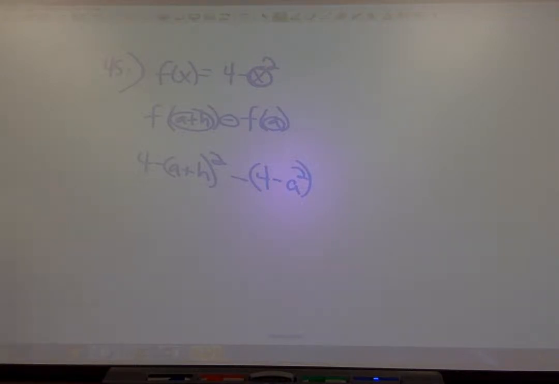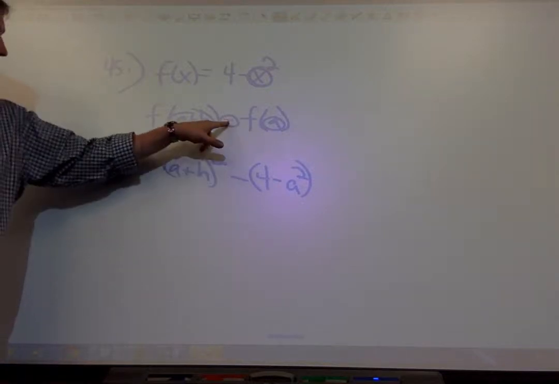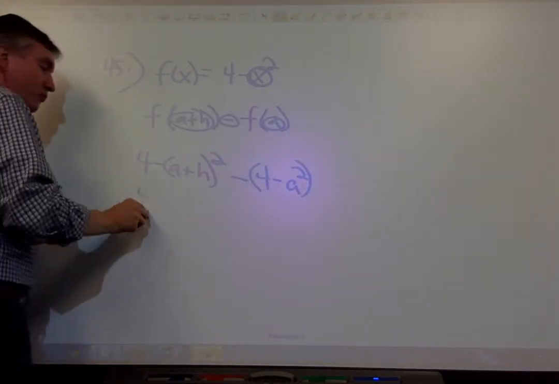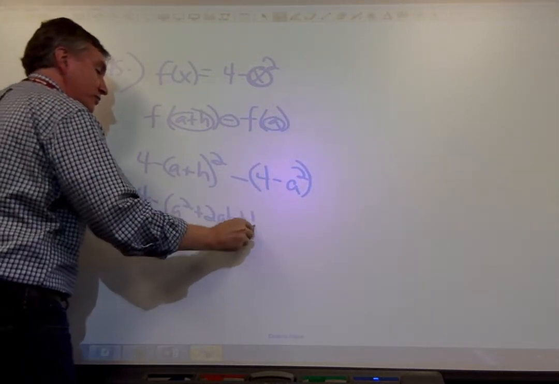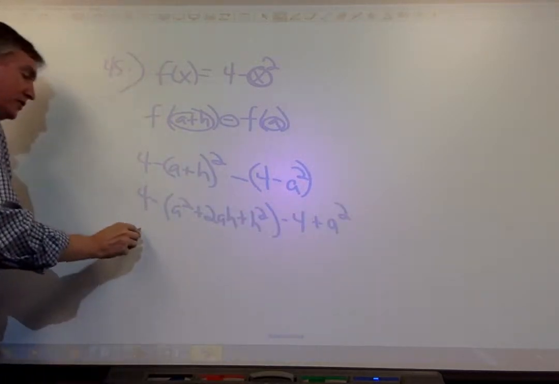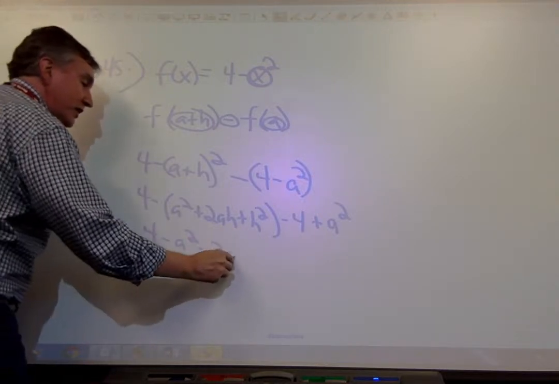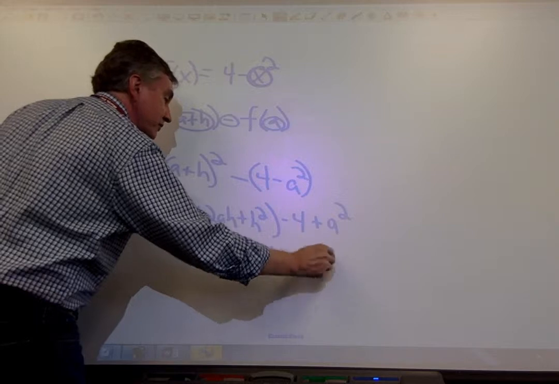You see what that's saying? First put in a plus h and work it out. Then subtract, plugging in a. And that's going to give me 4 minus a squared plus 2ah plus h squared, minus 4 plus a squared.